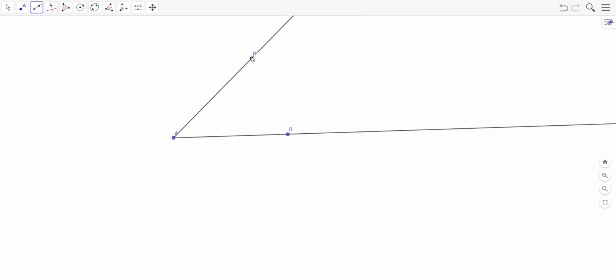So now if we measure this angle, we click here, here, and here. That's going to be 45 degrees or pi over 4 radians, which is approximately that. Okay, so we can make some angles like that.